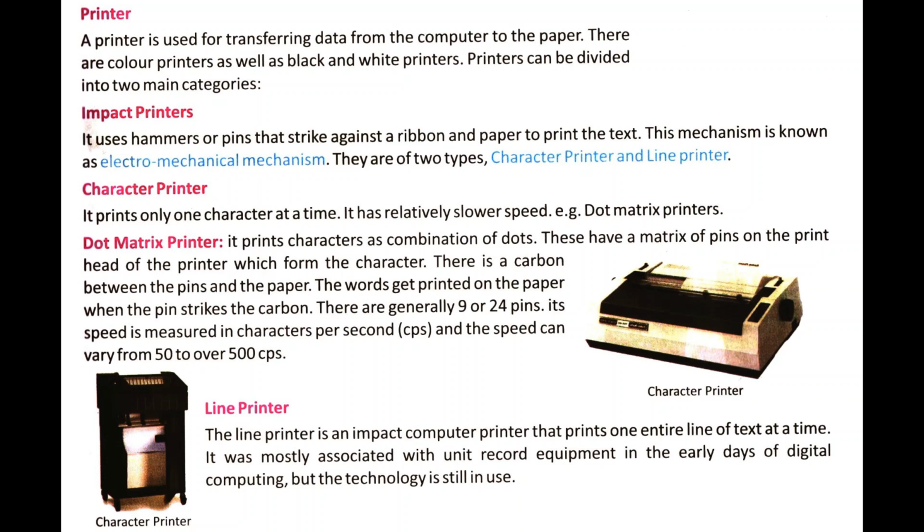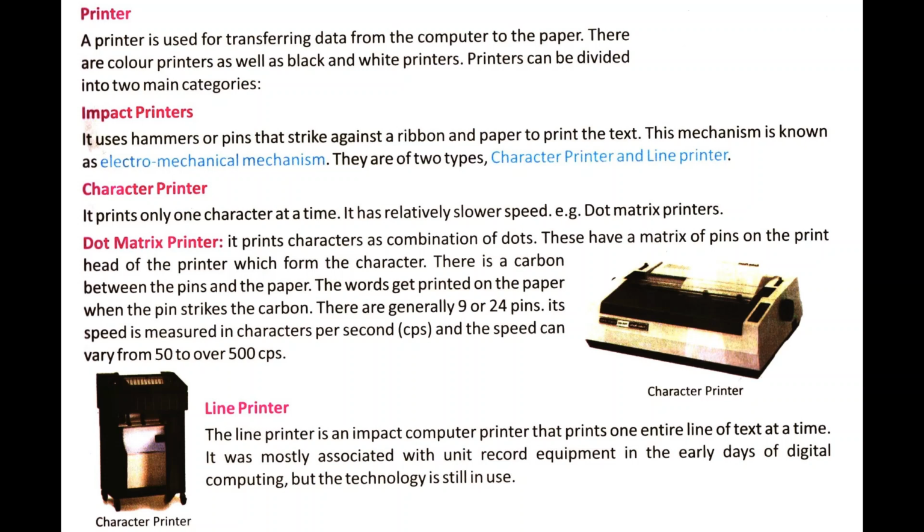Character printers print only one character at a time and have relatively slow speed. For example, the dot matrix printer is an example of a character printer. Dot matrix printer prints characters as a combination of dots. These have a matrix of pins on the print head of the printer which form the character.